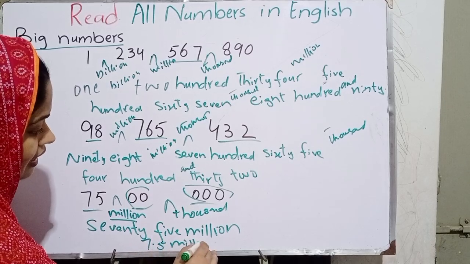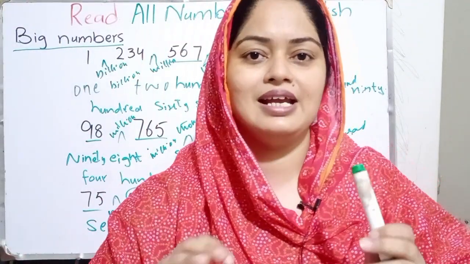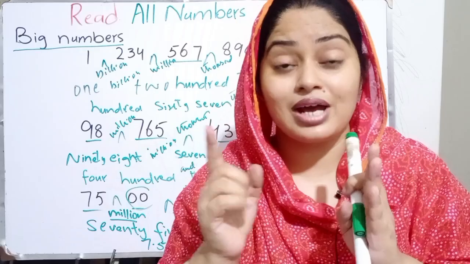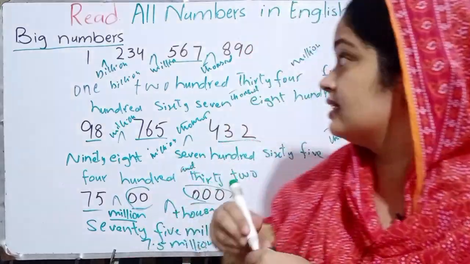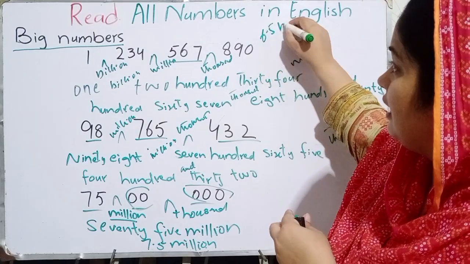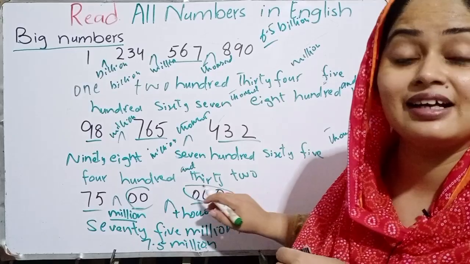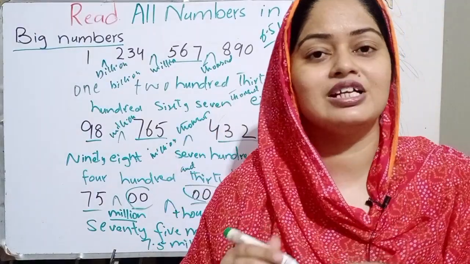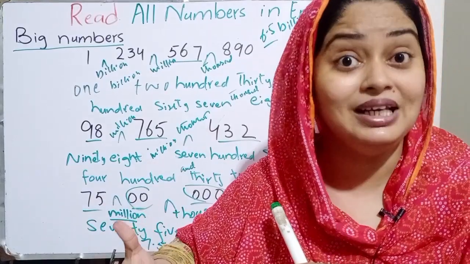You can also say 7.5 million, but you can only say it with billions and millions, like 8.5 billion or 6.5 billion. If there are only two figures, you can say 7.5 million, 7.5 billion.